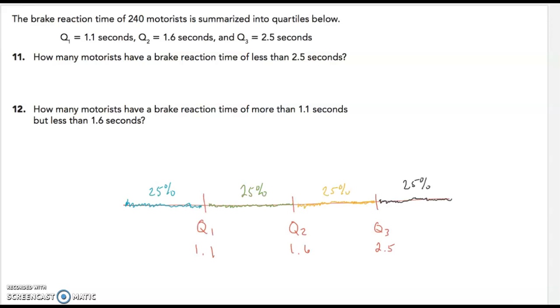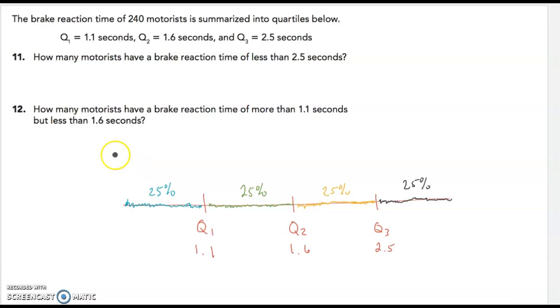For the last two, it says the brake reaction time of 240 motorists is summarized into quartiles below. There we have Q1, which is 1.1 seconds, Q2 is 1.6, and Q3 is 2.5 seconds. Remember, these three quartiles make 4 sections, and each section represents 25%.